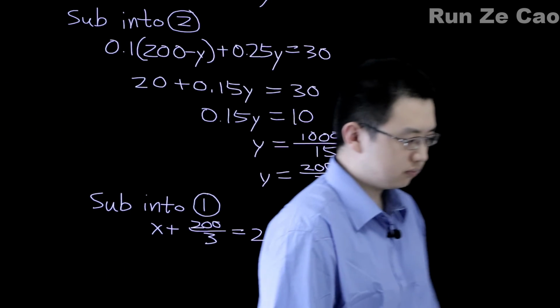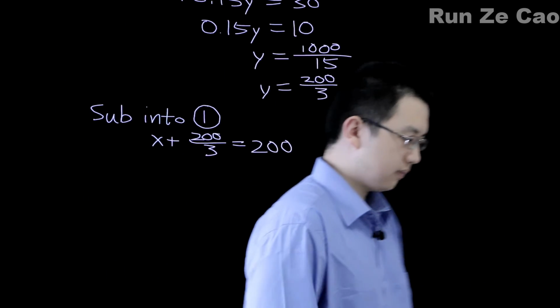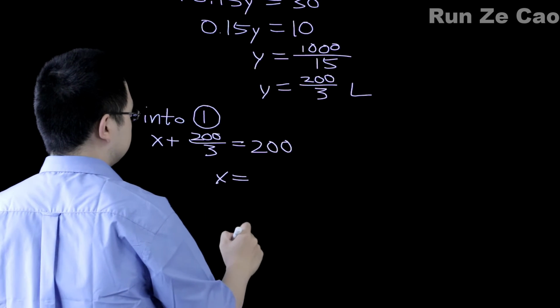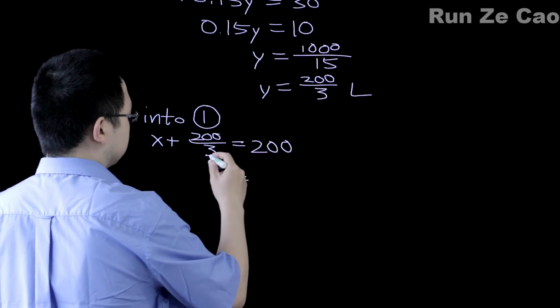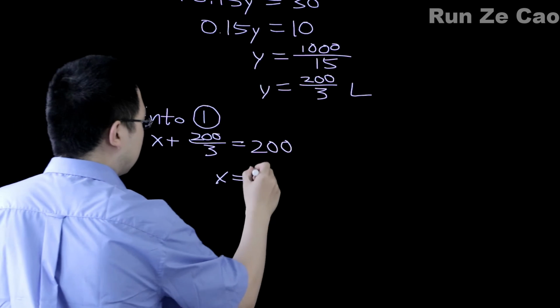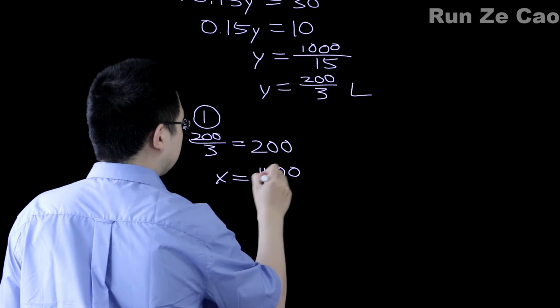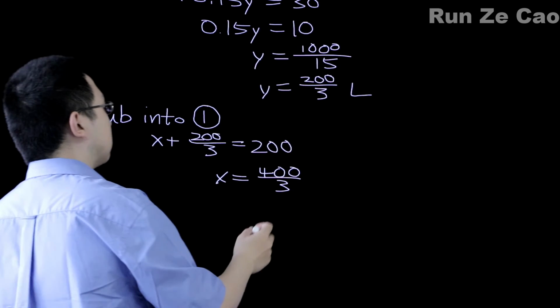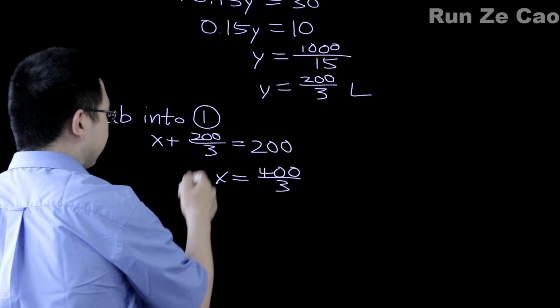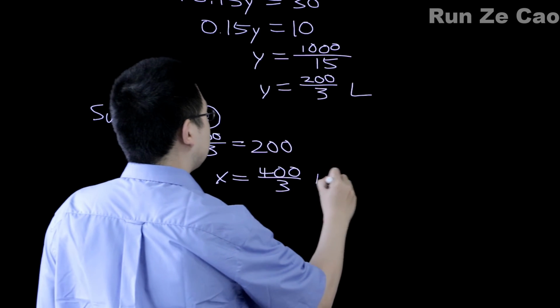Therefore, x equals, what do you think? 200 times 3 is 600 minus 200 is 400 over 3. Or alternatively, we could just recognize that this is 1/3 of 200, and therefore 2/3 must be double of this. Liters.